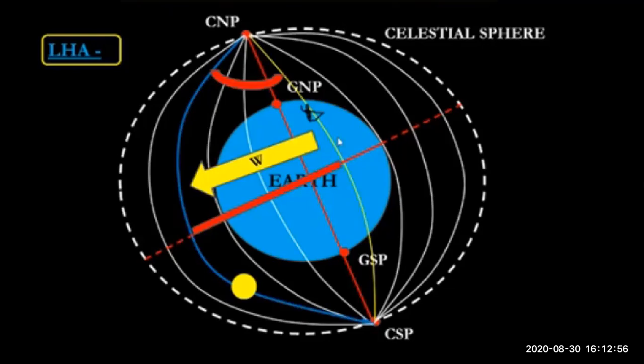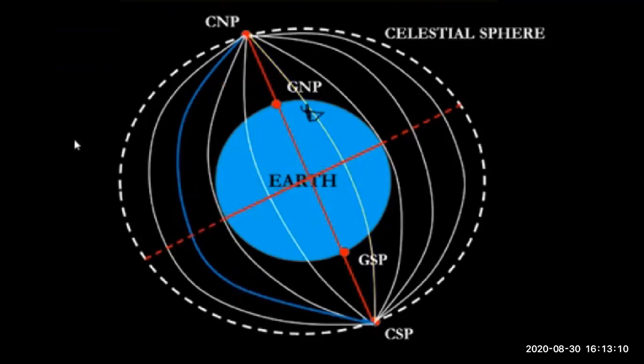So very simple. From the yellow line to the blue line, this is LHA. And it's very easy to define with this figure. So LHA is clear.